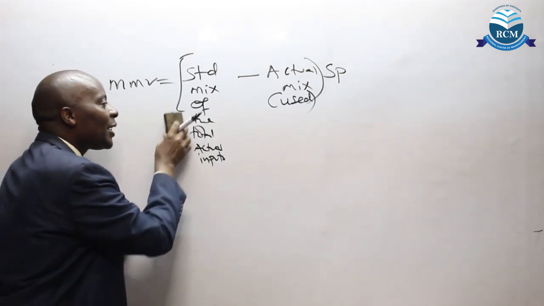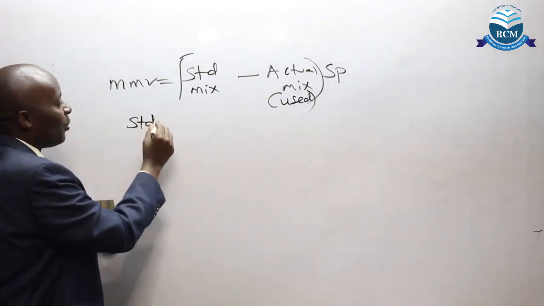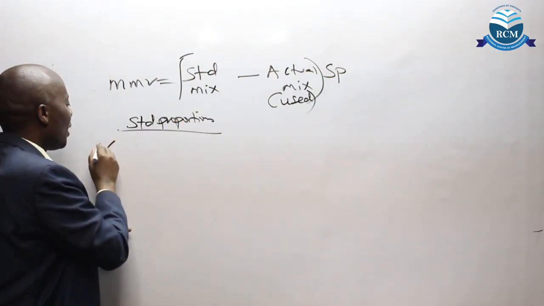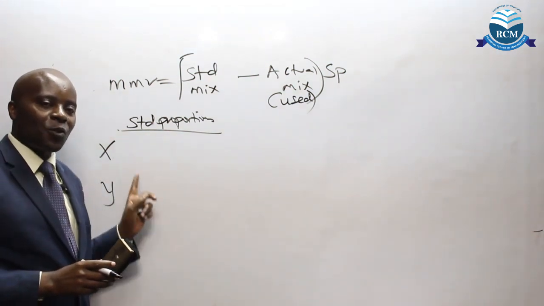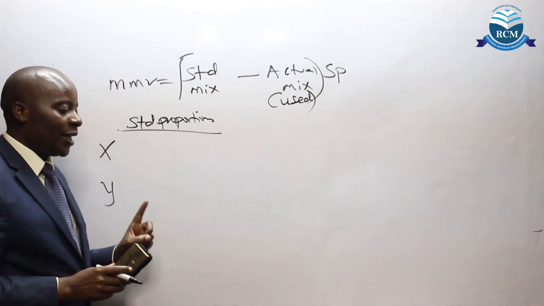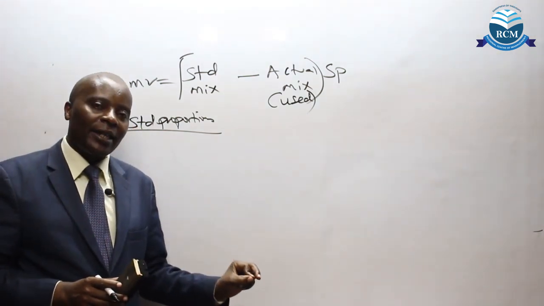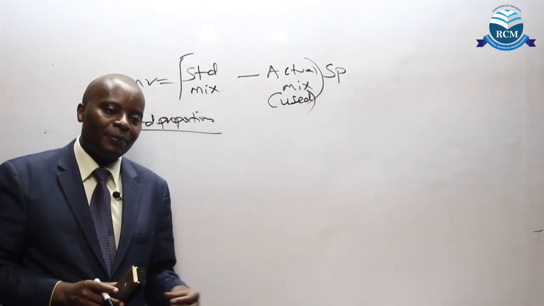How do we get this standard mix? It's very easy. You simply give us what we call the standard proportions. From our card, we have X and Y. Please go to the standard card. How many kilograms were they planning to use of X? 3.